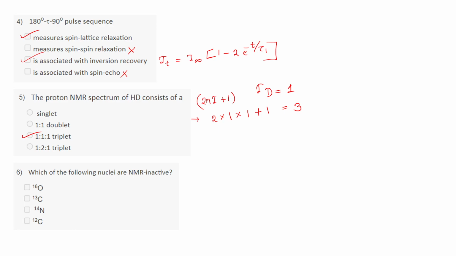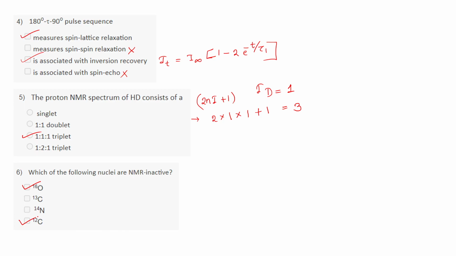This is a thumb rule, a shortcut method: those nuclei where the atomic mass and atomic number both are even will be NMR inactive, because their nuclear spin, or nuclear angular momentum, is going to be 0. So those are the 16 isotope of oxygen and 12C.